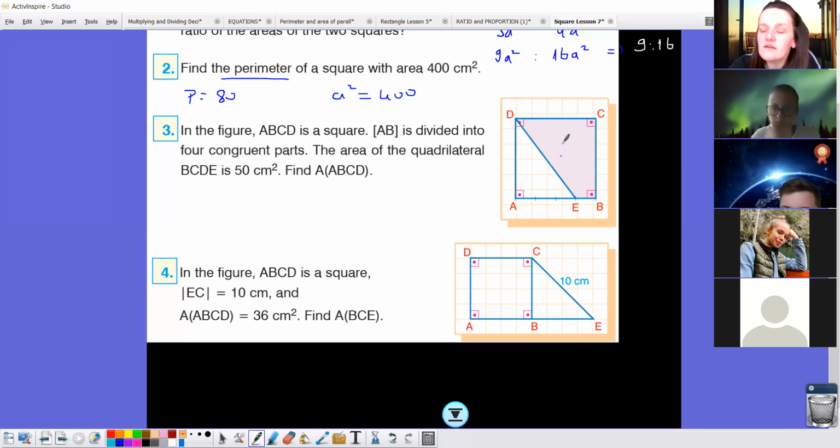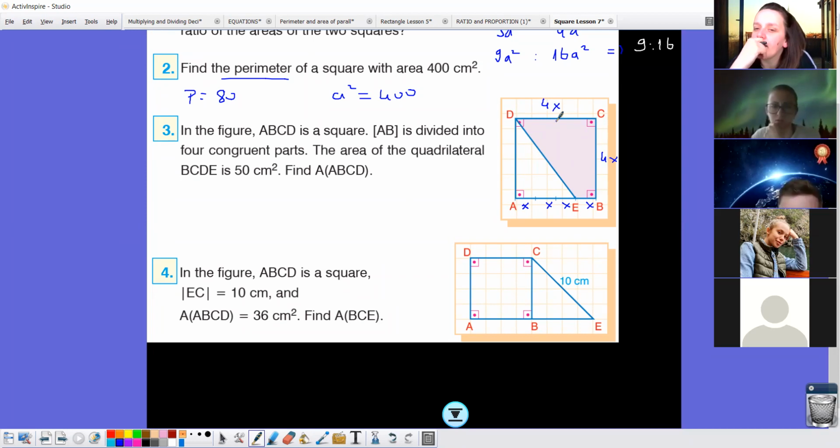But nothing is given with sides. I can only say that this is, let's say, x. So this one will be 4x, and this one will be 4x.